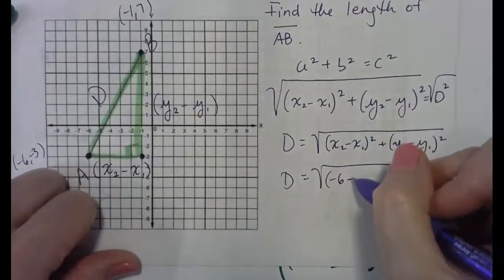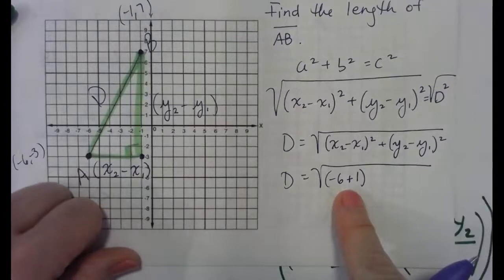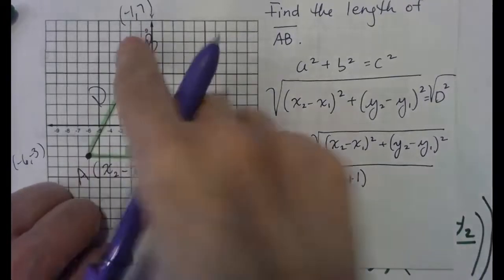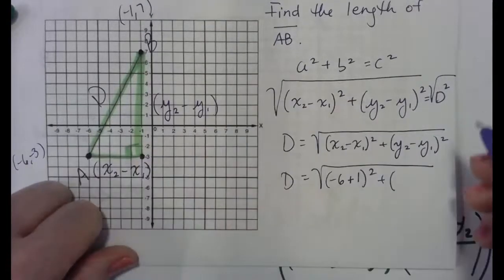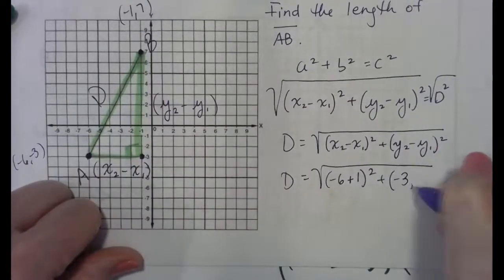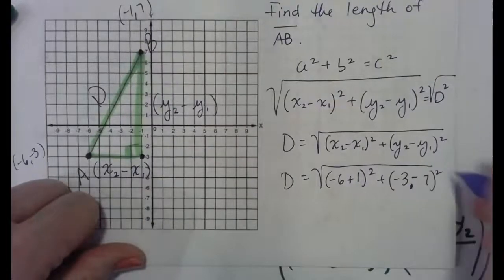So minus -1. Remember, we're subtracting a negative, it will turn into a positive. So -6 minus -1 squared plus y sub 2, which is -3, minus 7 squared.